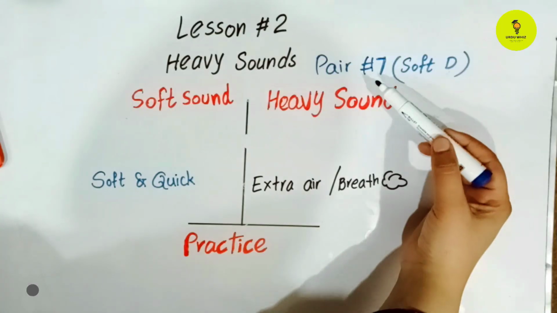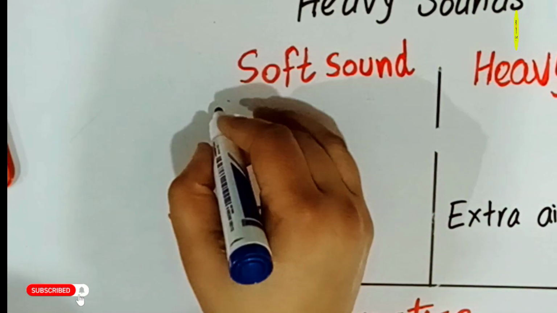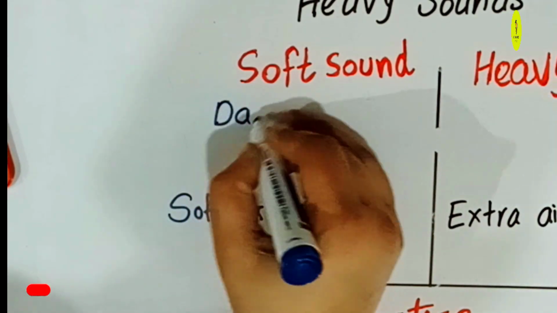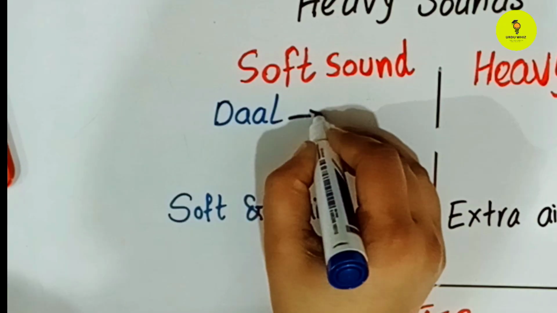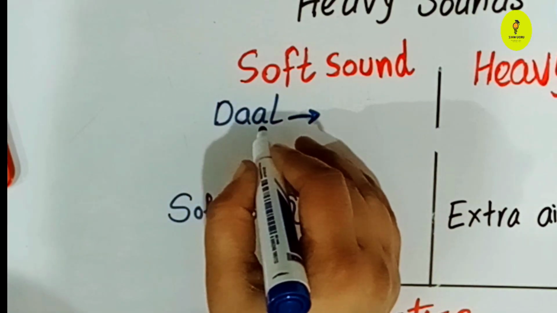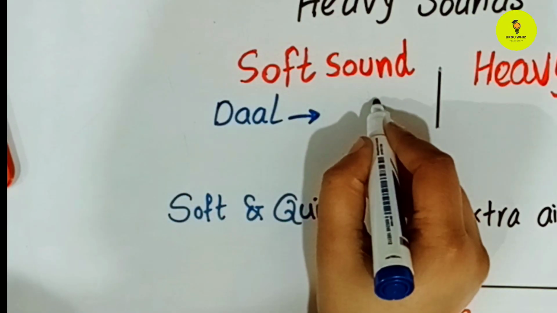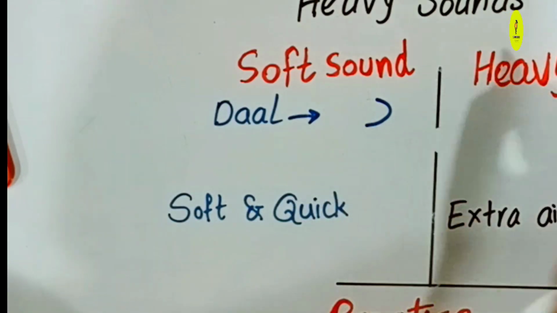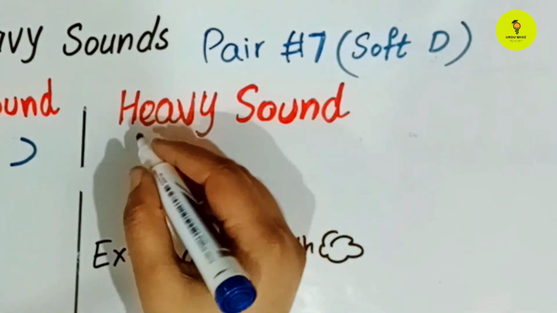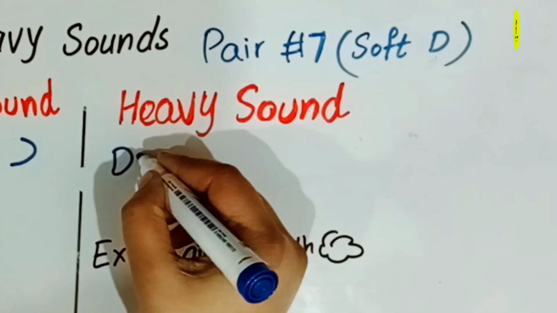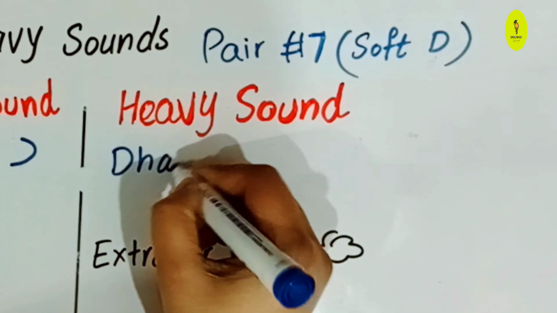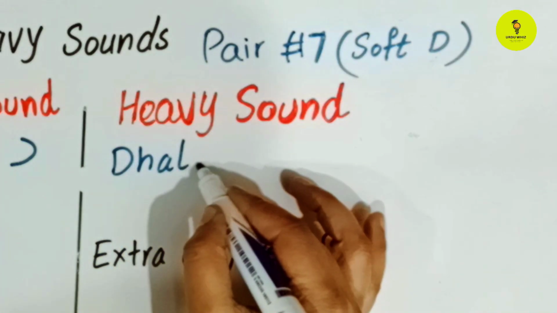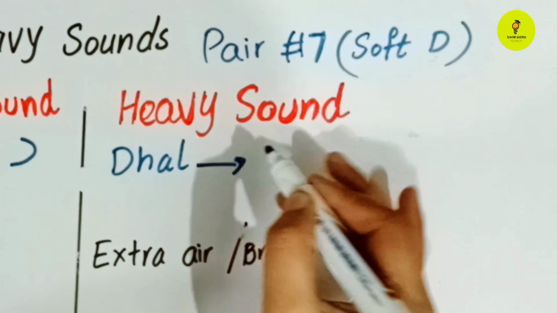We have our pair number 7. The soft sound is DAAL. Daal in Urdu, we will write it here. But the heavy sound of Daal is DHAAL.